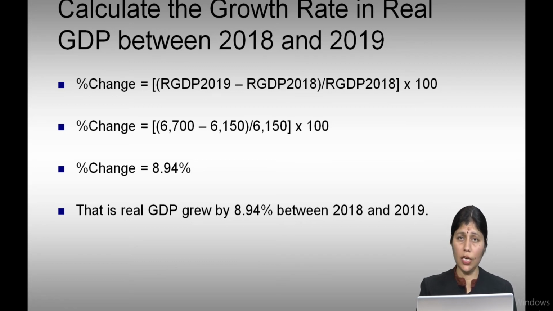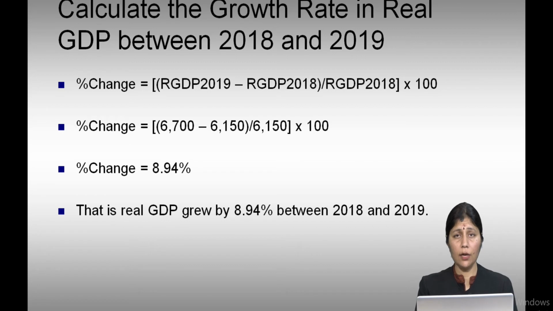The percentage change in the real GDP is 8.94%. So, that is real GDP grew by 8.94% between 2018 and 2019. So, that was a year respective change. We are analyzing what is the change from one year to the next year.